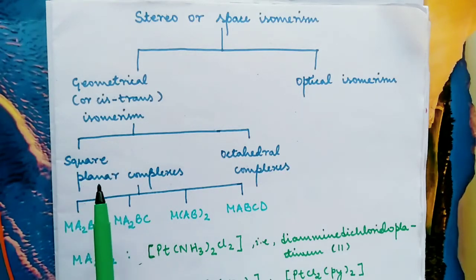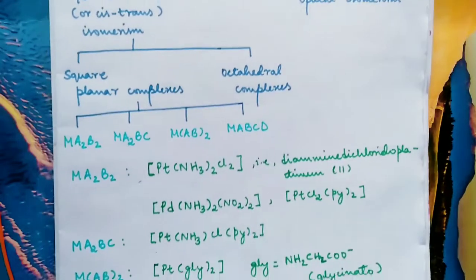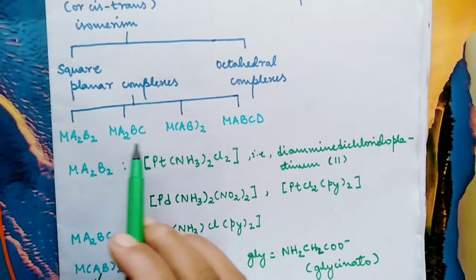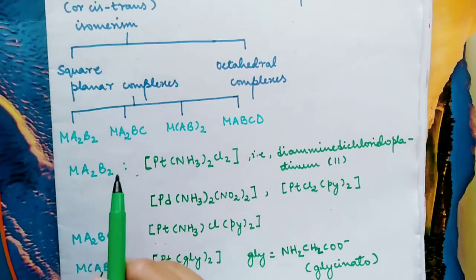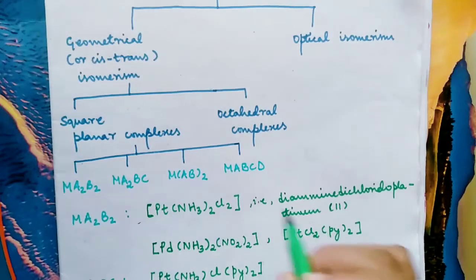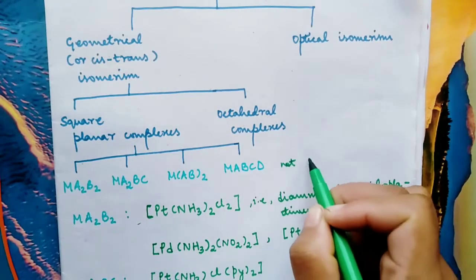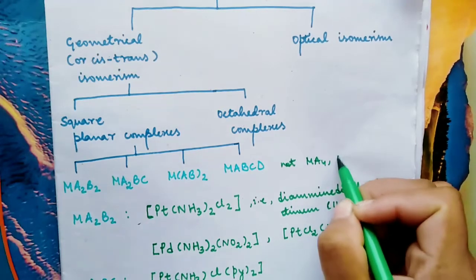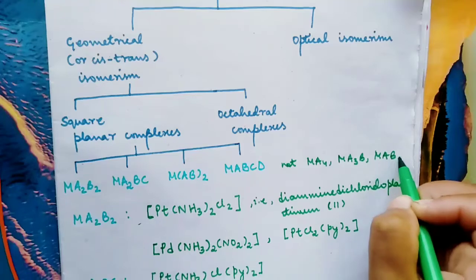Now, only the square planar complexes and octahedral complexes show cis-trans isomerism or geometrical isomerism. In the square planar complexes also, only these four types show the cis-trans isomerism: MA2B2, MA2BC, MAB2 and MABCD, but not the square planar complexes of the type MA4, MA3B and MAB3.